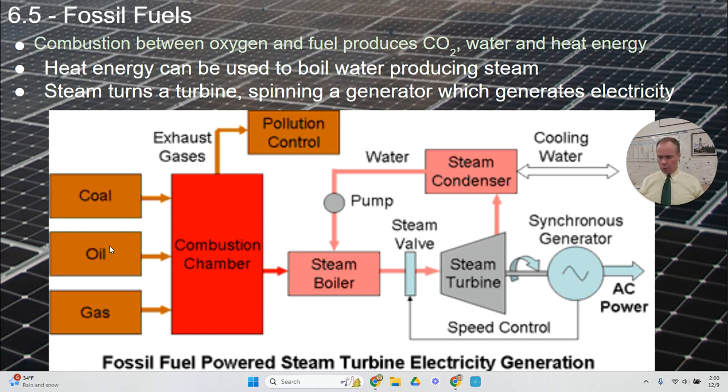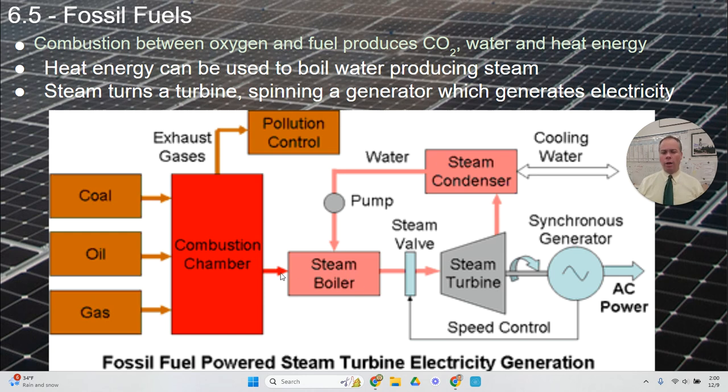We have the fuel source, coal, oil, natural gas. It gets burned, combusted. The exhaust gases often go through various pollution control technologies to try to limit the amount of pollutants being released in those exhaust gases. But the heat from the burning of these fossil fuels takes water, which we see here, and boils it.